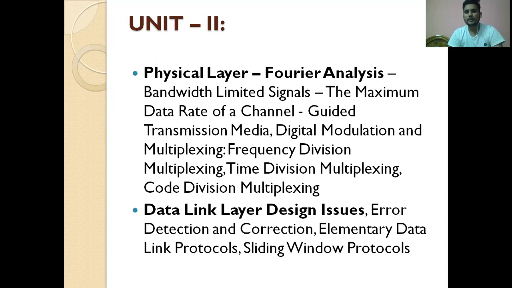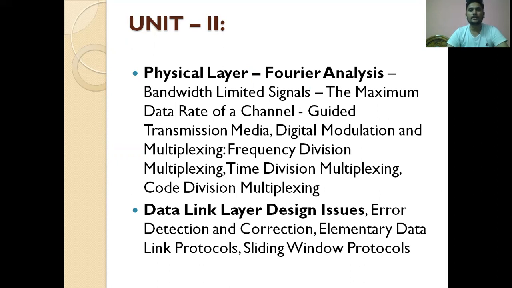Then some part of the data link layer, some design issues we discussed earlier, error detection and correction, because whenever data is transmitted from layer to layer, some errors may occur. How do we identify errors? Also elementary data link protocols and sliding window protocols are covered in unit number 2. But we majorly focus on the physical layer, so mostly unit number 2 belongs to the physical layer.